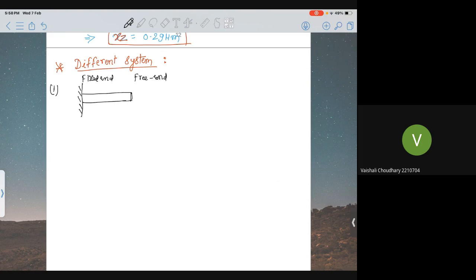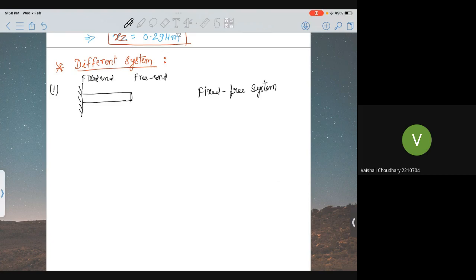So this system we can call a fixed-free system, because one end of the beam is fixed and the other end is free.